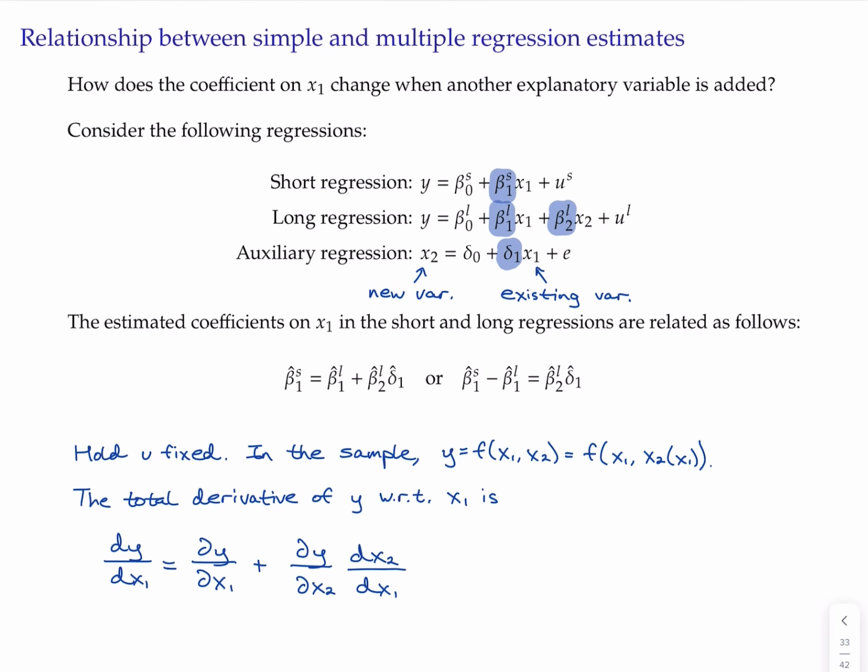Okay, and then if we try to map these things onto regression estimates, the simple regression slope here is just picking up the total relationship empirically between x1 and y. This partial derivative is holding fixed x2, so it is an estimate of the long regression slope on x1.